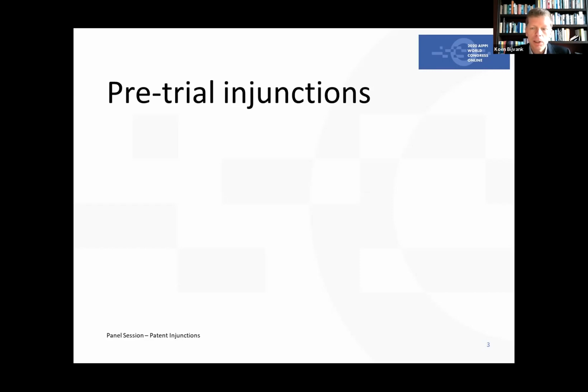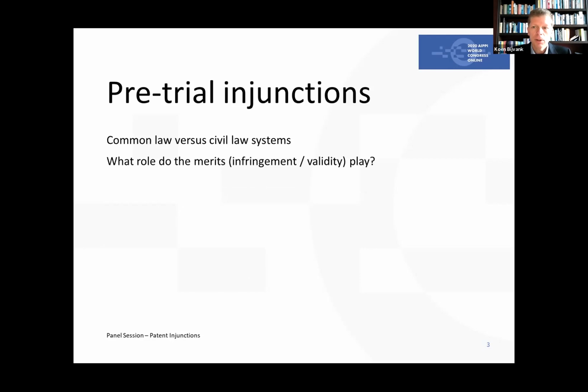So what we will not be talking about is infringement and the validity of the patent, but much rather the other factors that determine whether or not the court will grant a pre-trial injunction. And amongst our panelists coming from different legal traditions and jurisdictions, I'd first like to ask for their views on what I think is probably a fundamental difference, and that is between common law systems and civil law systems.